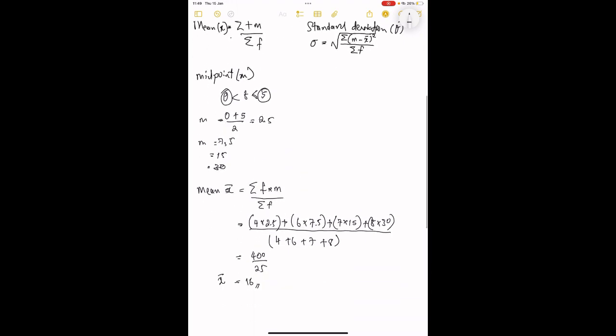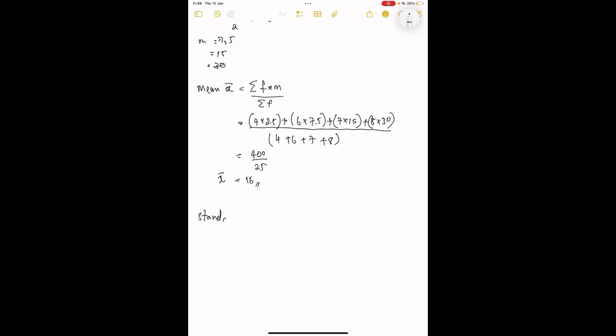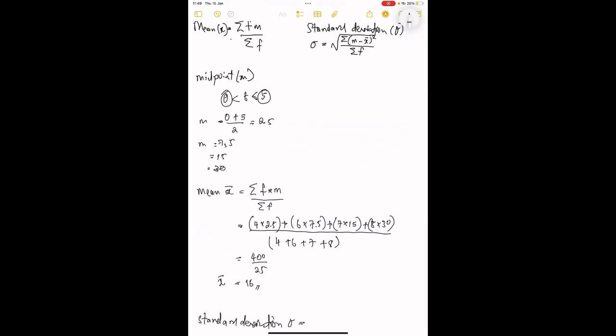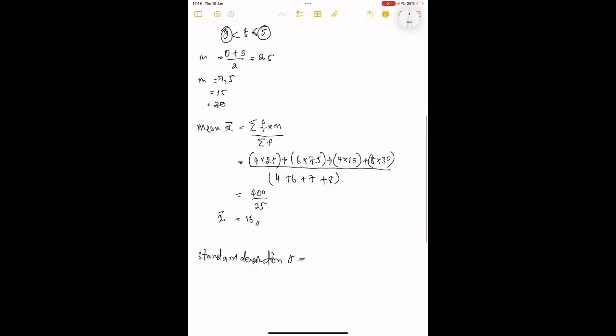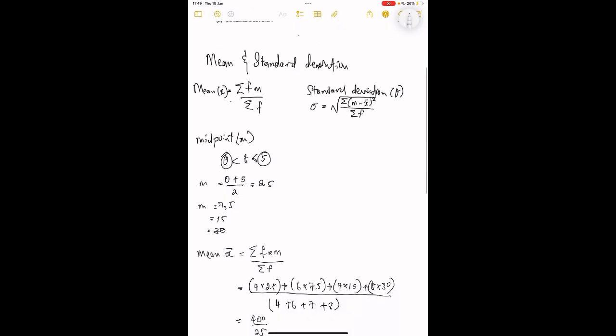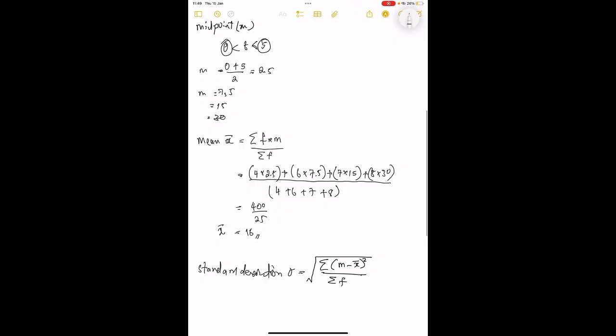Onto the standard deviation, right? Let's drop down the formula: the square root of the summation of frequency times m minus x bar squared, all over the summation of frequency.